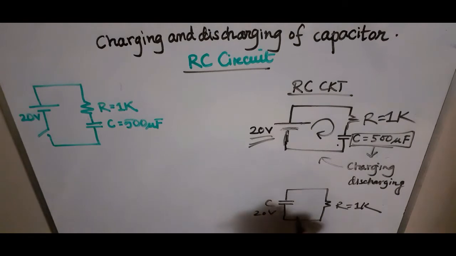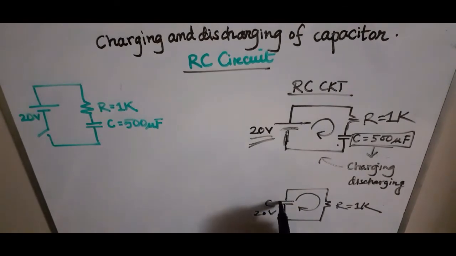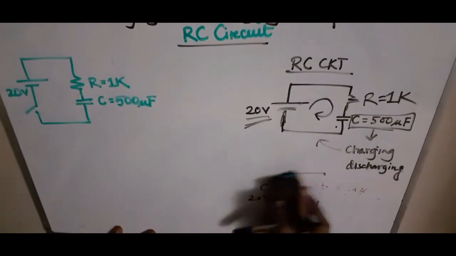When the current starts flowing through this closed path, the potential, or voltage, whatever you call it, will be gradually decreased, and the energy will be dissipated through this circuit. We will talk about this later on.